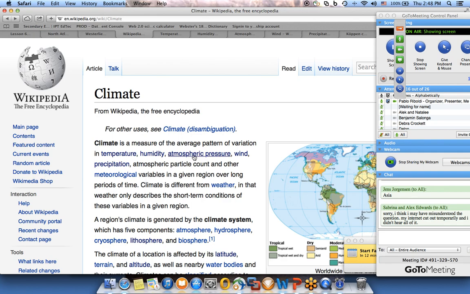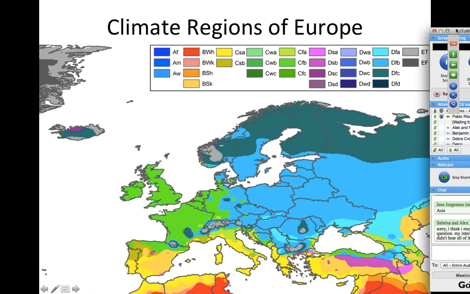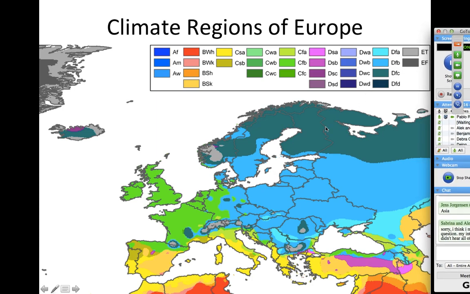Now what we are going to look at is the weather regions in Europe. Here we have the different climate regions of Europe. There's a video that you have there in class that shows this very well.